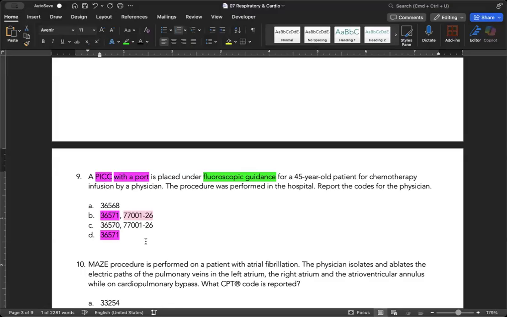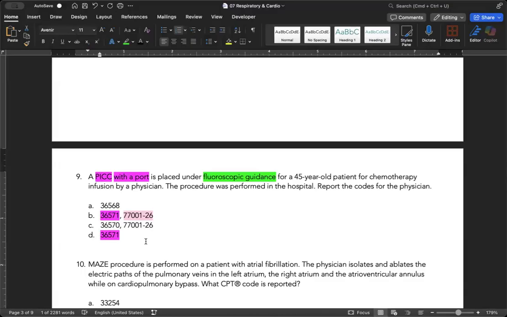So we'll go fluoroscopy and then guidance. And then we're doing it for a venous access device. And then that gives us two codes, the 30,000 series code and then our 77001.